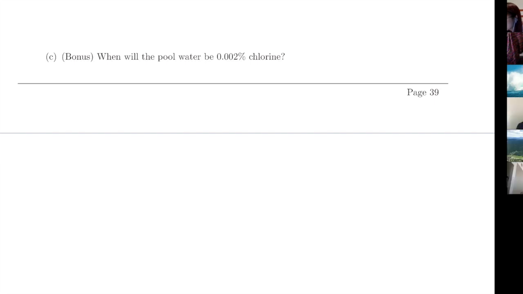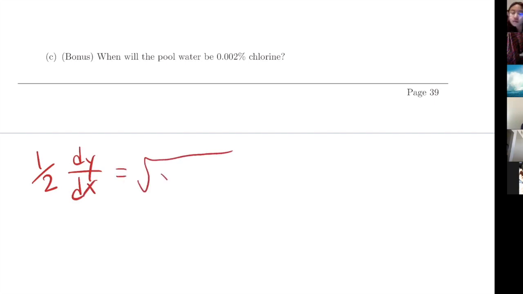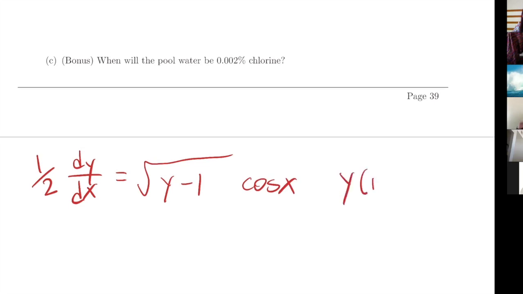Okay, so let's see. Here's the example that I had in mind to work on. Let's say we want to solve this, and let's even throw in an initial condition. We've got this initial value problem.